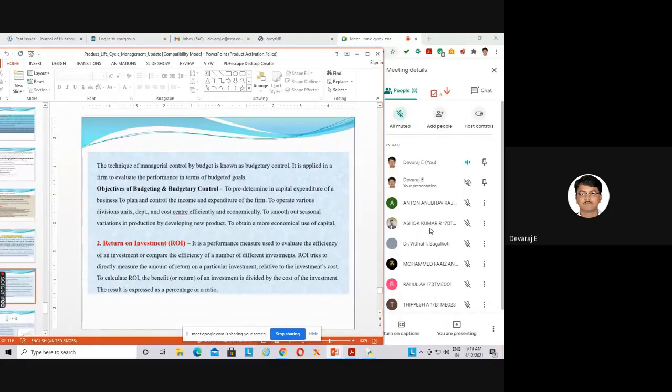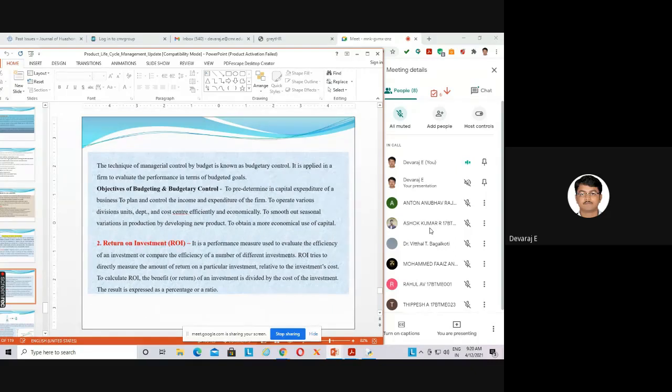So it's very important. Efficiency you can always measure by output by input. If you know the input and you know the output, then you can find the efficiency. So how much is the efficiency of the process? Return of investment is the same as that.